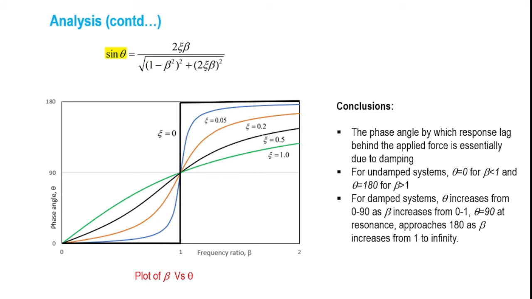Now for the frequency ratio beta greater than 1, you can see that the phase angle approaches 180 degrees. That means as the frequency ratio increases from 1 to infinity, the phase angle theta approaches a value of 180 degrees.